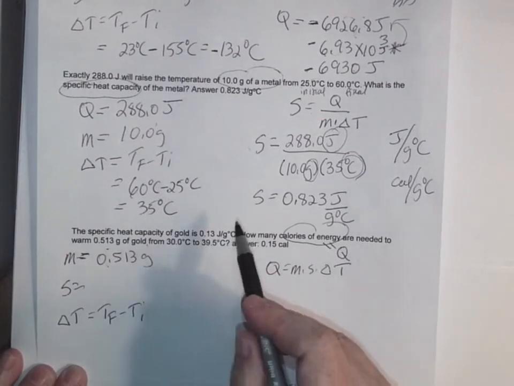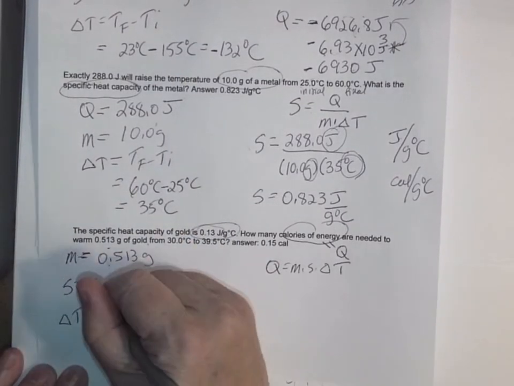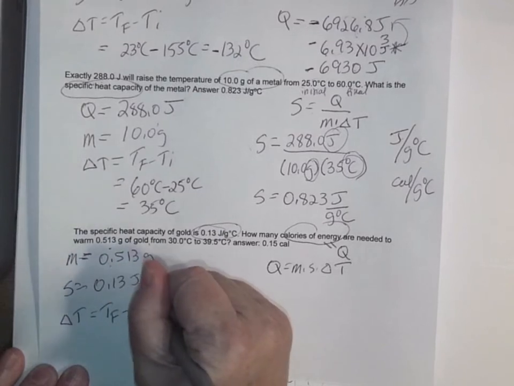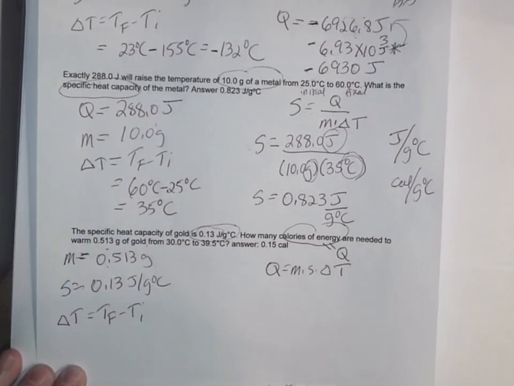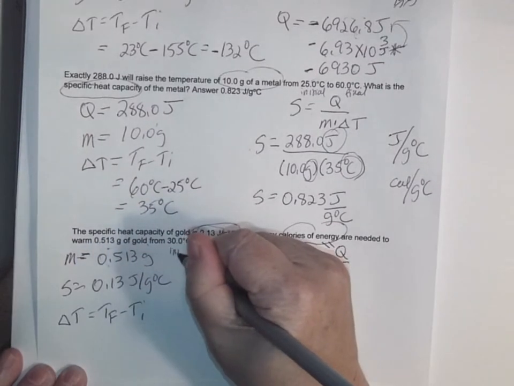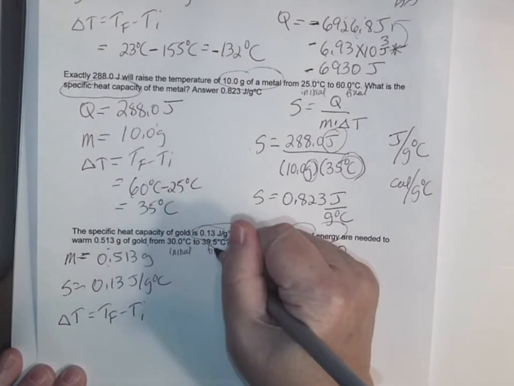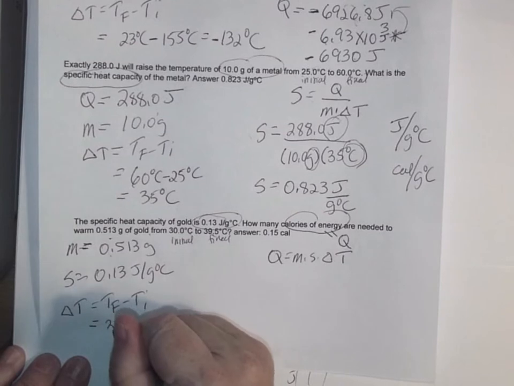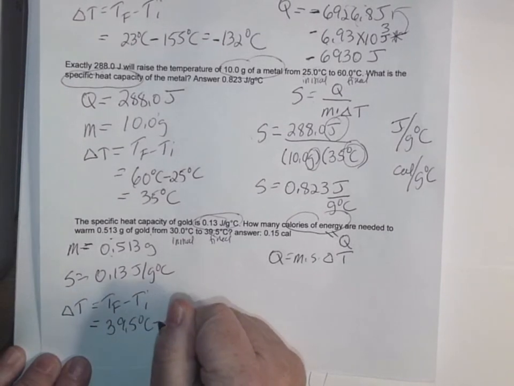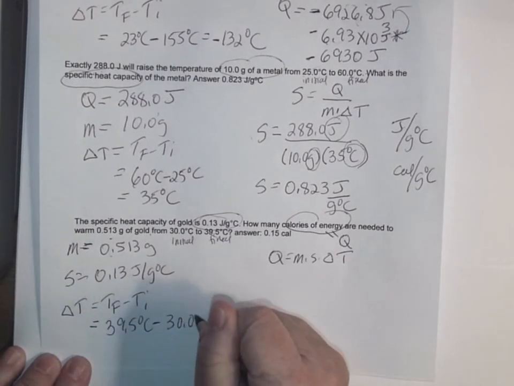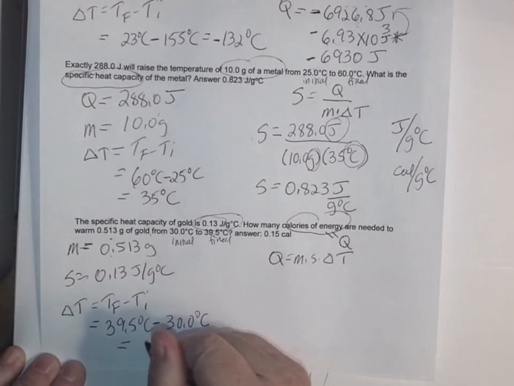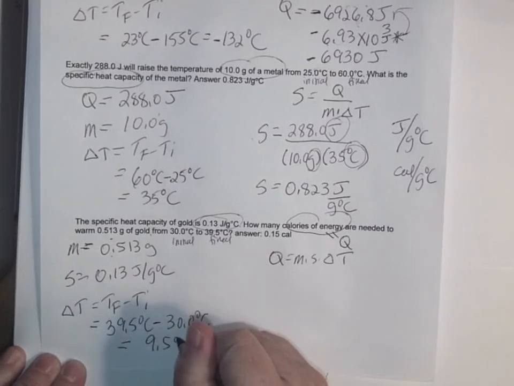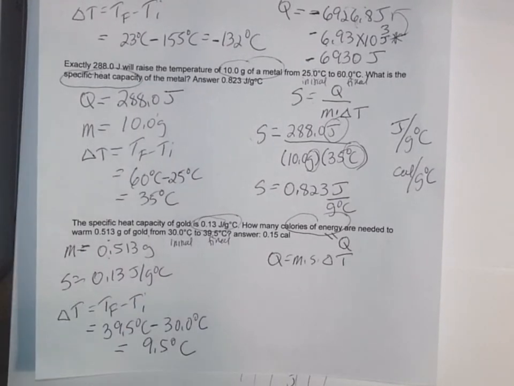My specific heat capacity, there it is, 0.13 joules per gram degree Celsius. And it went from, this is the initial, to the final temperature. So final is 39.5 degrees Celsius minus 30.0 degrees Celsius. So I think that's a pretty easy one to calculate without a calculator.